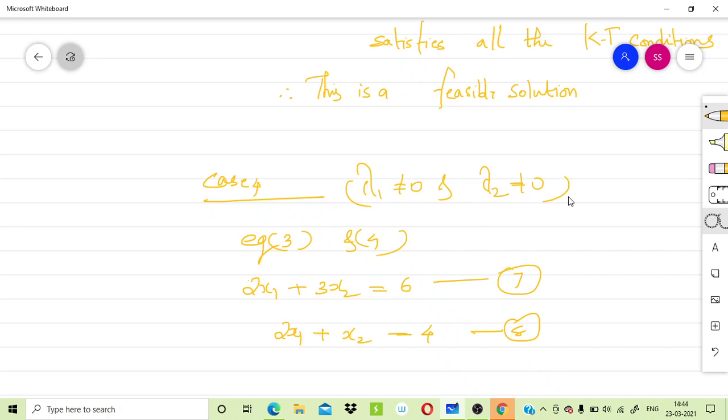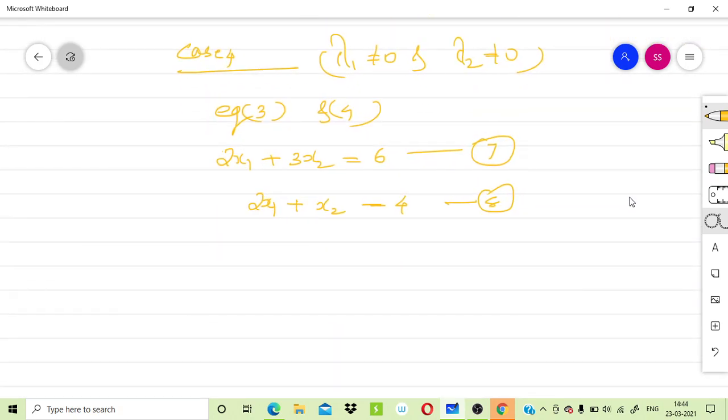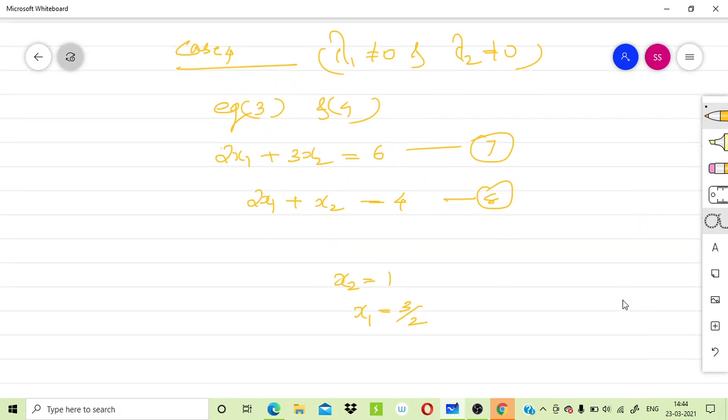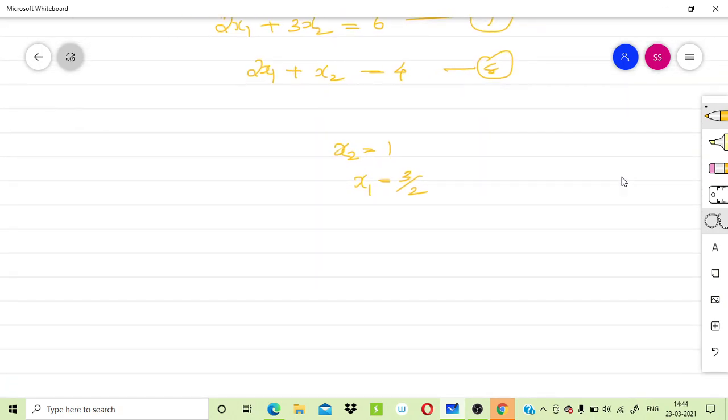Okay, this is two equations in two unknowns, so you can solve it very easily and you will get x2 equal to 1 and x1 equal to 3 by 2. Now again substitute this x1 and x2 in equation 1.